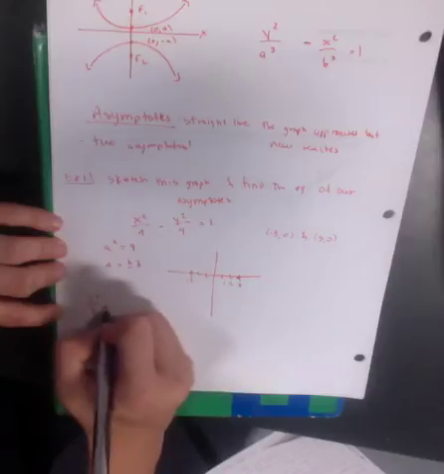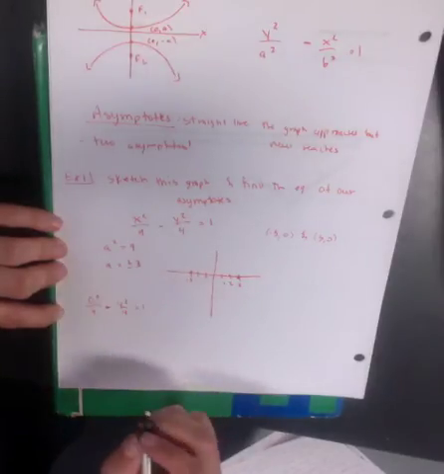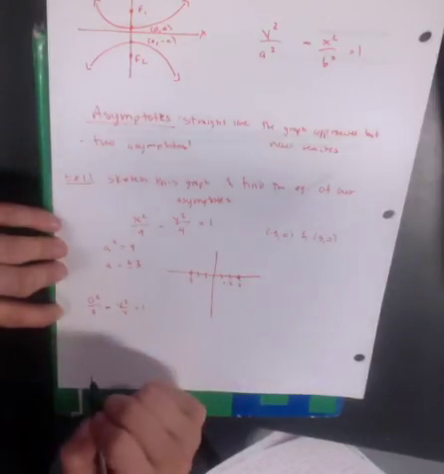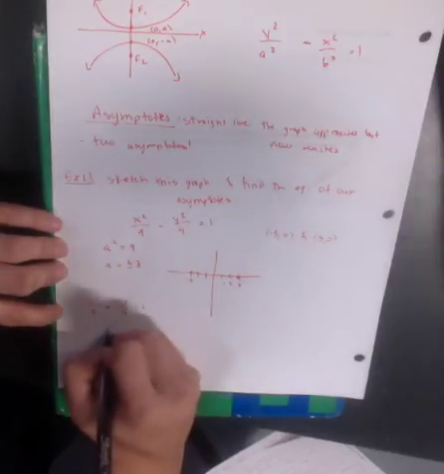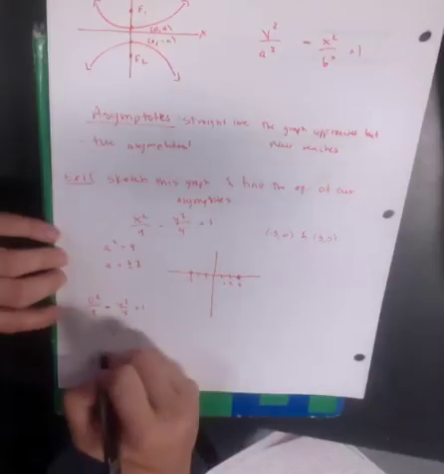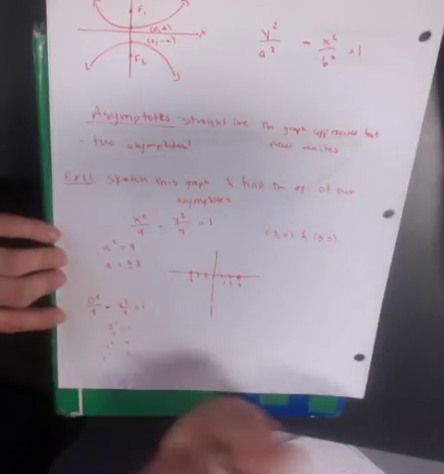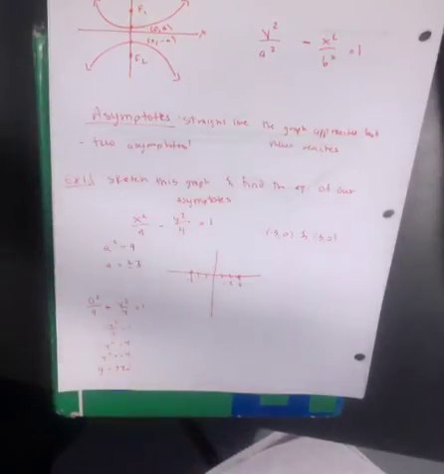So 0 squared over 9 minus y squared over 4 equals 1. So I have this term becomes 0. Okay. I have minus y squared over 4 equals 1. So minus y squared equals 4. y squared equals negative 4, which means y is plus or minus 2i.